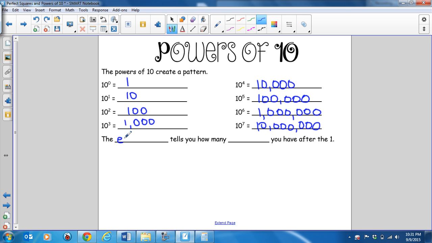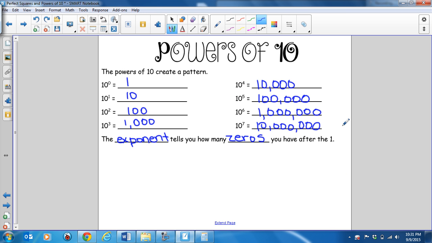So the exponent, or power, tells you how many zeros you have after 1. Now these exponents work the same way. This is 10 times 10, which is 100. 10 to the third power would be 10 times 10 times 10, which is 1,000. 10 to the fourth, you'd be multiplying 4 tens.